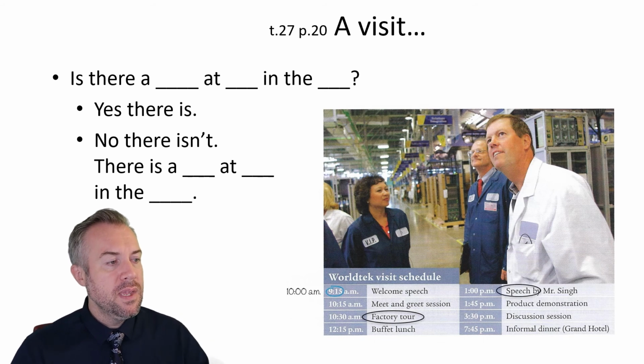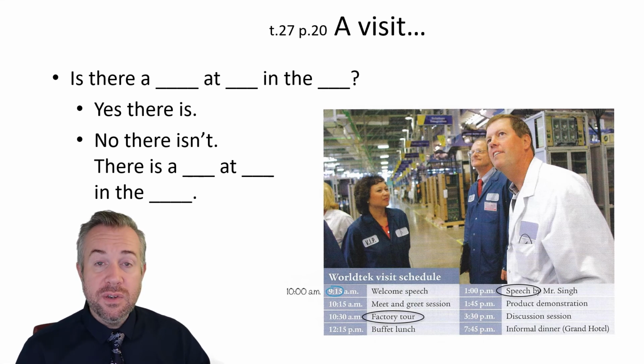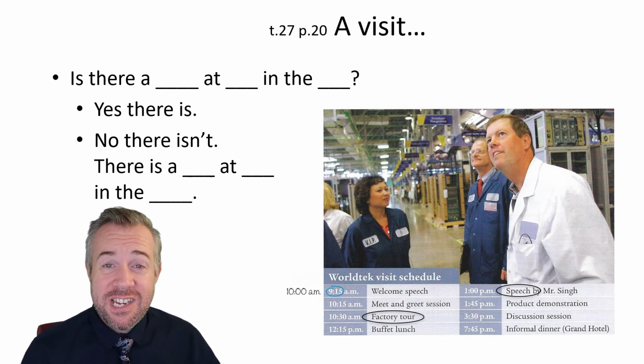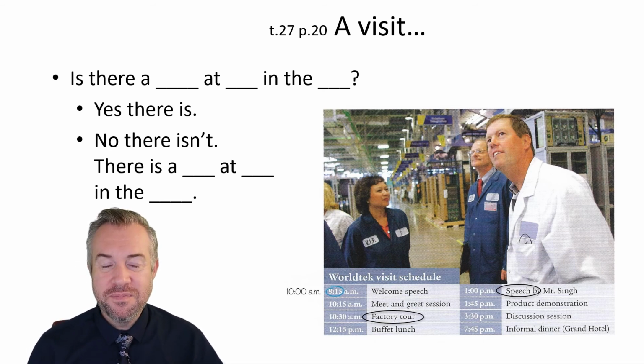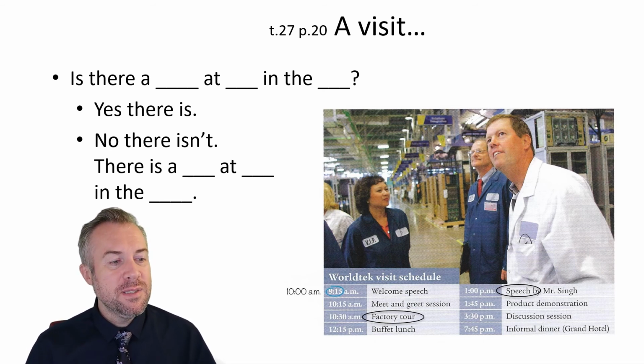Next, is there a speech by Mr. Singh at 1 o'clock in the afternoon? No, there isn't. There is a presentation by Mr. Singh, not a speech, but a presentation. Is there a speech by Mr. Singh at 1 o'clock in the afternoon?